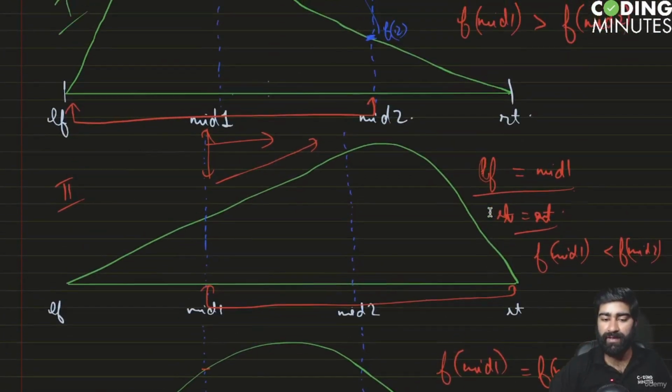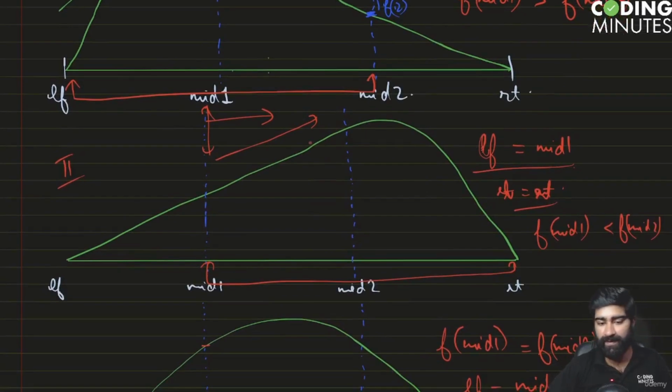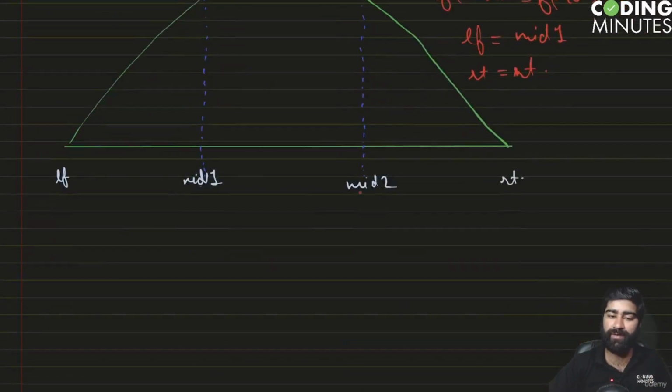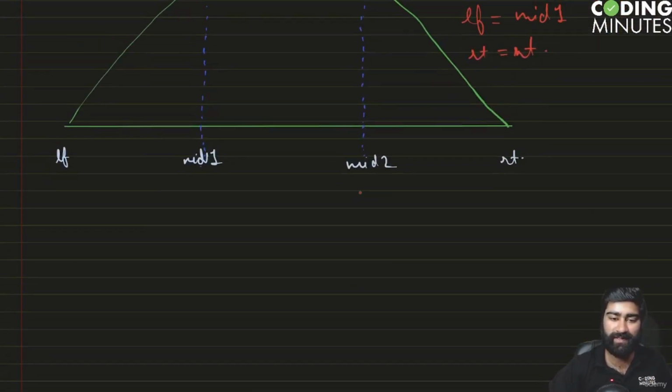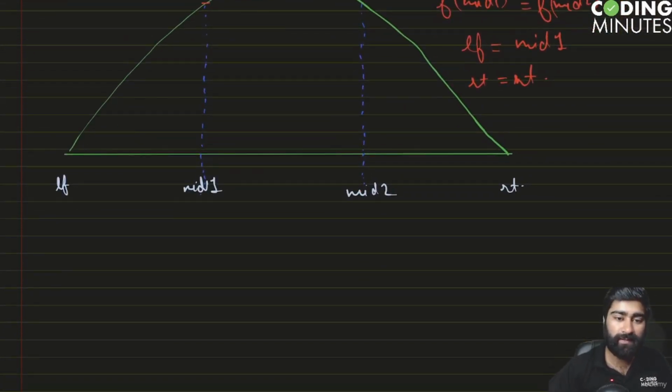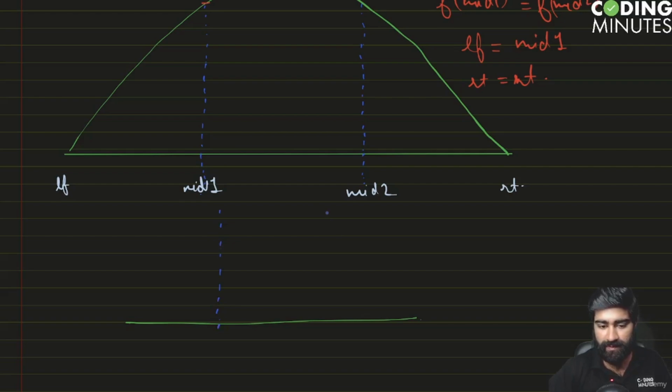Some of you might be wondering that in the second case, I have seen that the maxima lies in the third partition, but why am I including the second one? For this I have a very good example for you. Let's say this was my range, and let me divide it into three parts first.